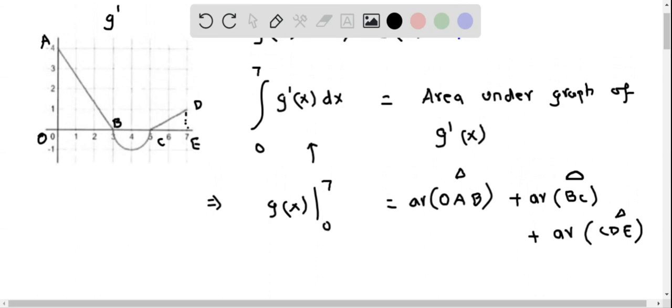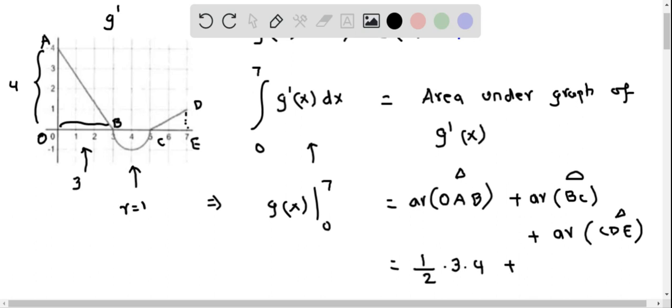For the first triangle, we need the base and the height. The base is this length, which is 3 units, and the height is this length, which is 4 units. So the area of the triangle is half times base times height, so it is a half times 3 times 4, plus the area of the semicircle. The radius is 1.